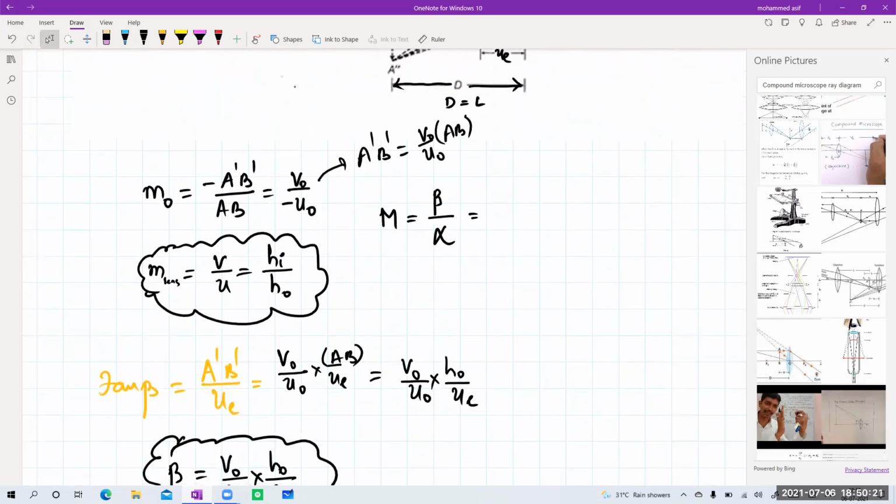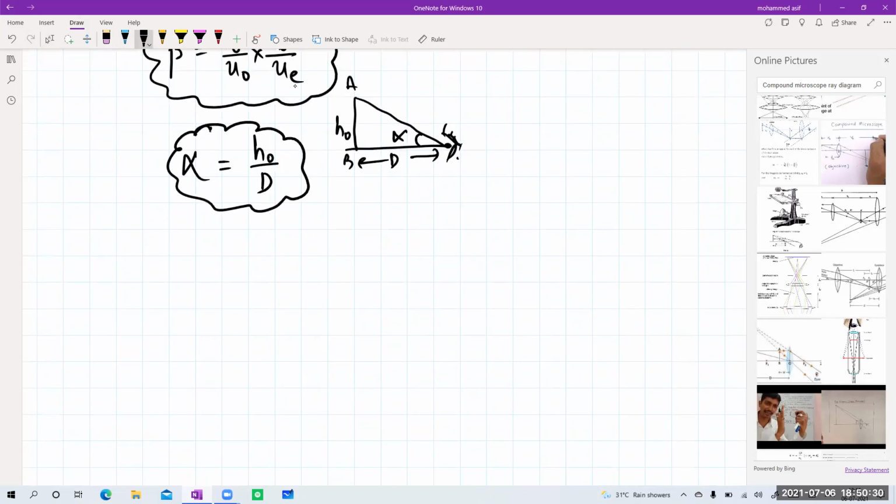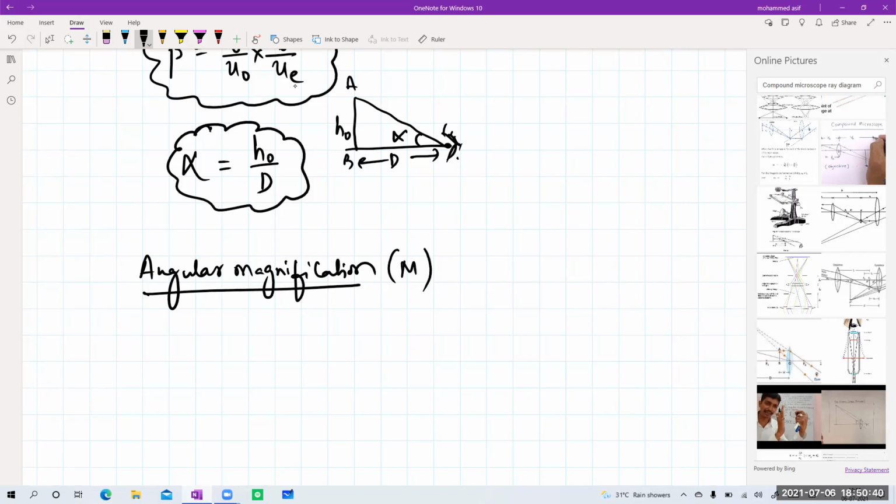So magnification will be equal to how much? This is your formula. So I'll write down here, angular magnification capital M is equal to beta by alpha. What is the beta value?